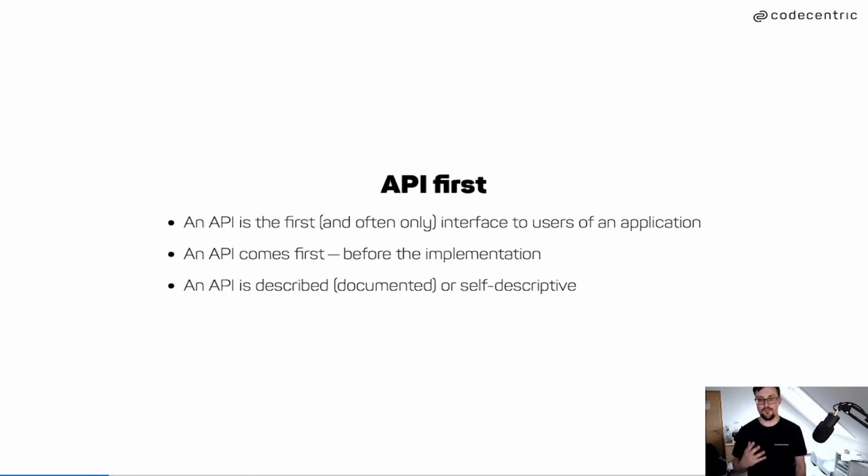So we have to think about describing all the things we would like to present to the outside, to say, okay, this is what you can do with our API. So we have to document it, or maybe it's self-descriptive, so we don't have to think too much about documentation. So that's an easy part.